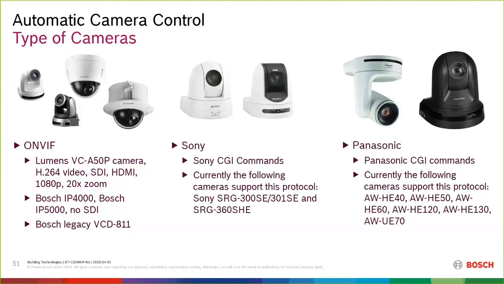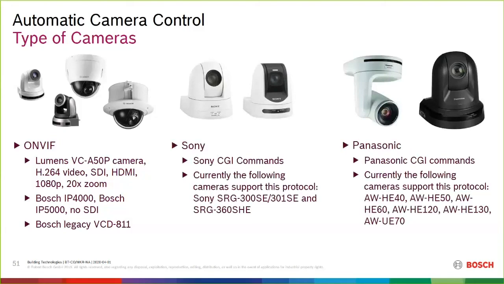Great. Thanks. Here we should have just thrown this in my presentation. ONVIF, Lumens, and Bosch, and a few models that we support. Sony CGI commands, and several models that we support for camera control. And Panasonic CGI commands, and the several models that they support.